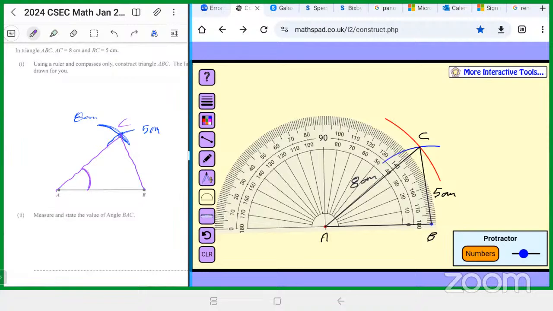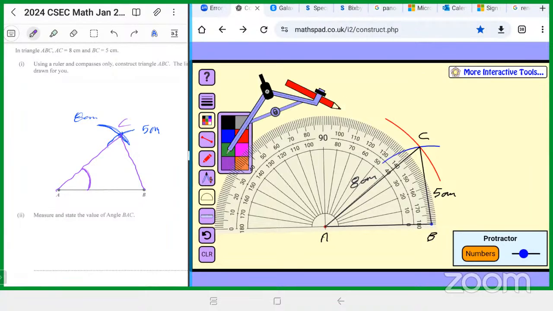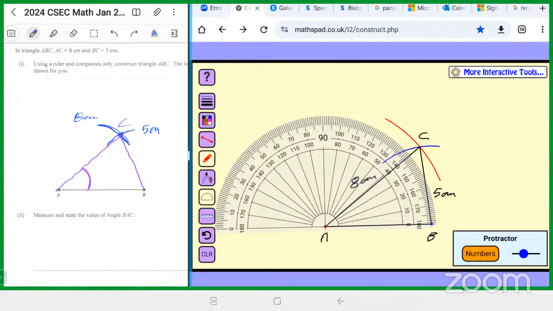All right, reading the angle this way from 0 up would be 39 degrees, up to that line. All right, everybody can see that.